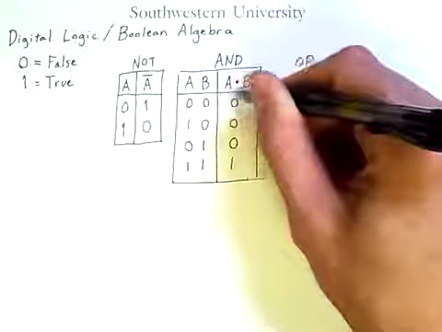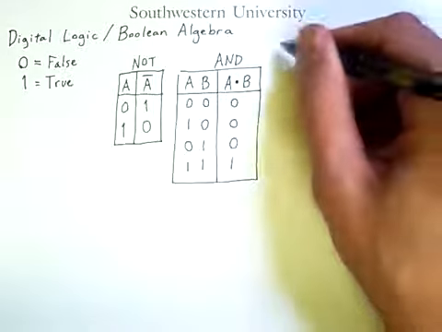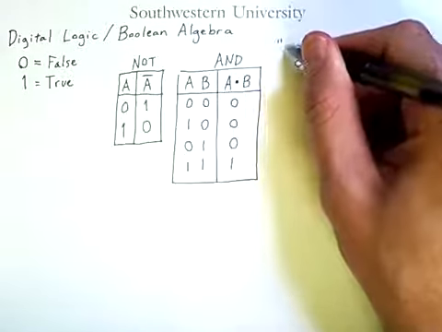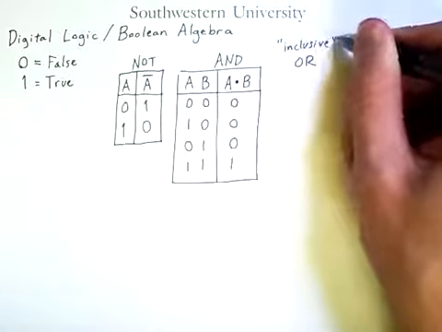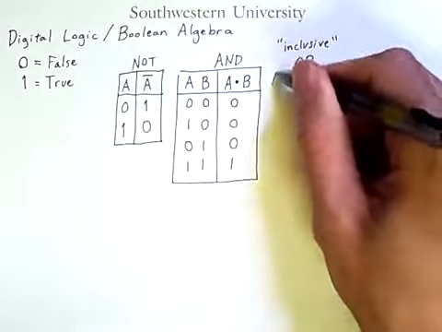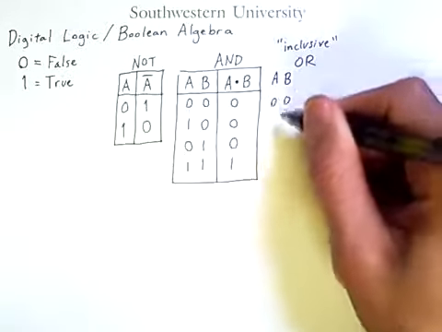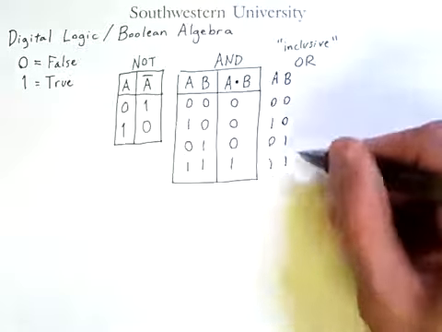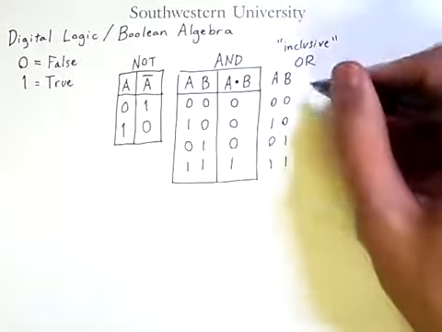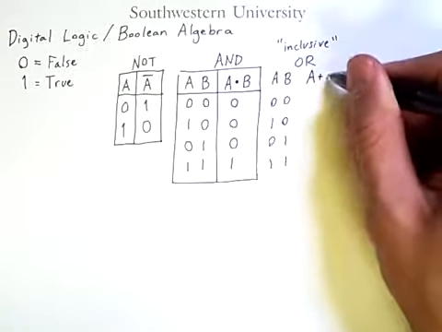The third operation, which you are certainly familiar with, is OR. And this will be the inclusive version of OR. Let's start by writing out possible values of the variables, and then write out how we will represent OR in this class using a plus sign.